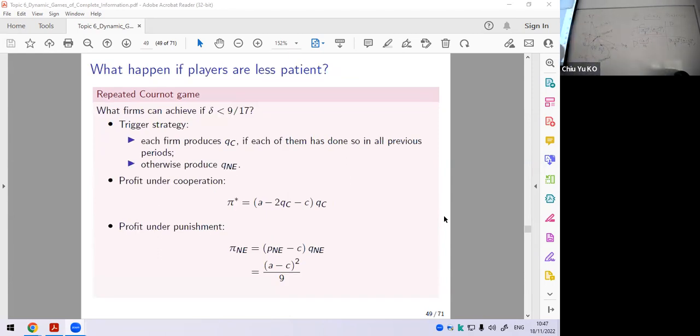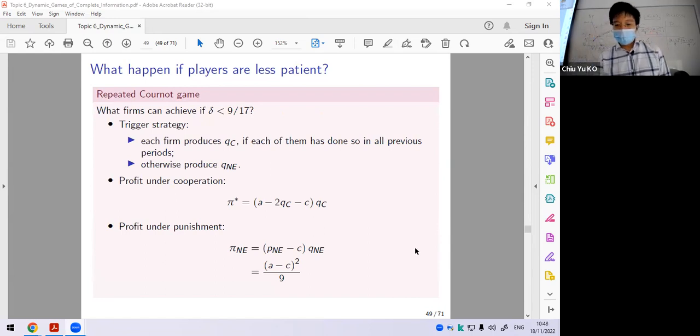So the first thing to do is figure out what you can support. This will depend on delta. This is the outcome that depends on delta, and the punishment is the same. DD is the same. So this one depends on delta, and of course this one depends on delta as well.